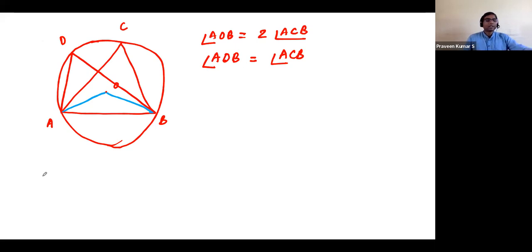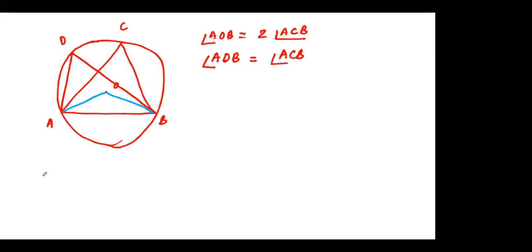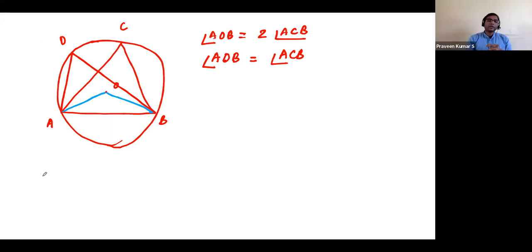You would have studied something around this. Have you studied that a chord subtends the same angle? Yes, sir. So if you take this chord AB and it is subtending any angle in the major segment, whether at D or C, the angle will always be equal. Correct? Yes, sir.